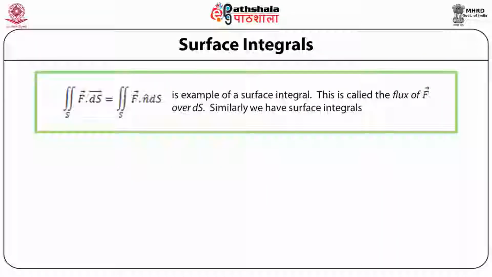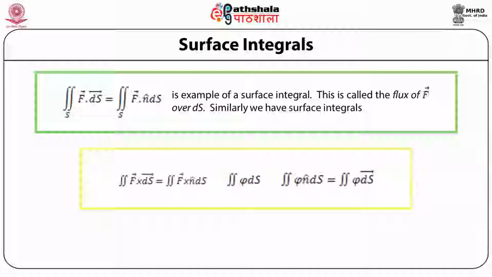The surface integral of F·dS equals the surface integral of F·n̂ dS, as an example of a surface integral. This is called the flux of F over S. Similarly, we have the surface integral of F×dS equals the surface integral of F×n̂ dS, the surface integral of φ dS, and the surface integral of φ n̂ dS equals the surface integral of φ dS.